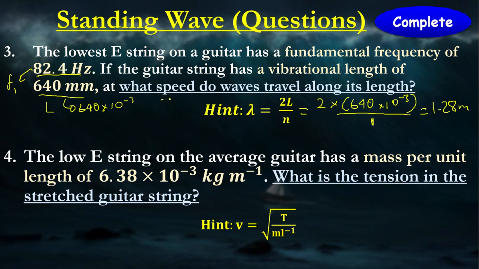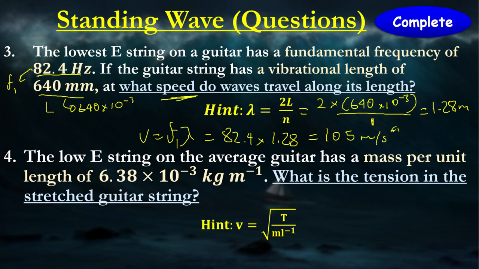Now if I want to work out the speed, substitute into our formula, v equals f lambda. F is already given to you, F1, the fundamental frequency is 82.4, times our wavelength, 1.28, and we get a velocity of around 105 meters per second. Okay, that's the speed on our string.